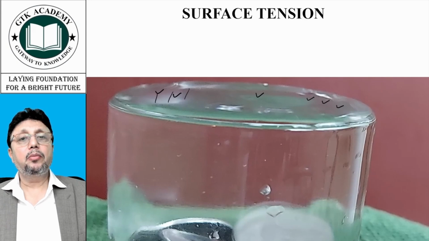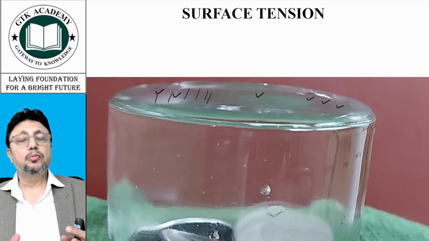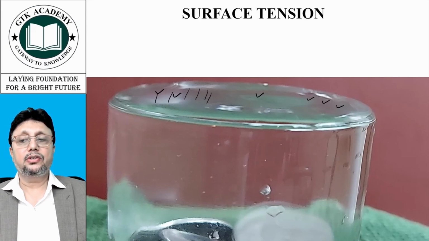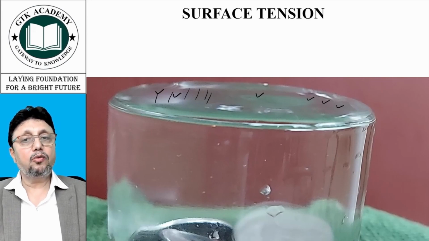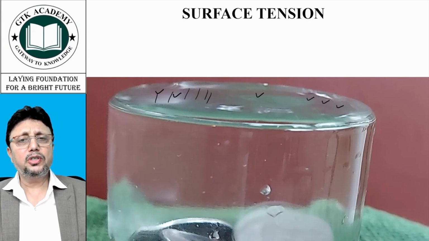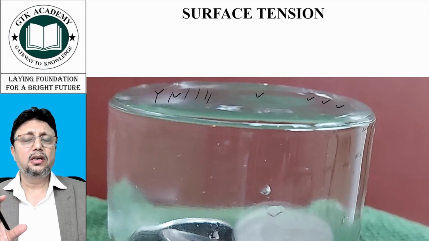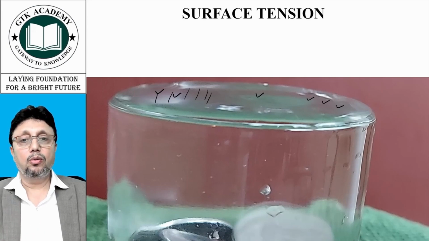So the membrane can be clearly seen. This membrane is stopping it. It's not allowing the water to come. Of course, if you put more coins, at one stage the water will start coming out. But you can put many coins in, and the bulge of the surface will be even more. You can try out this experiment at home.